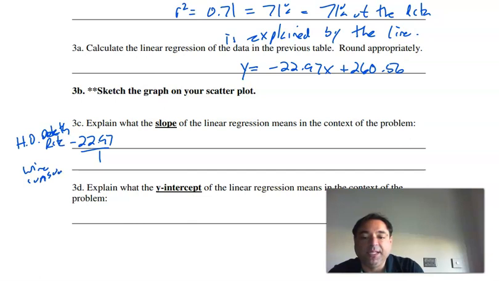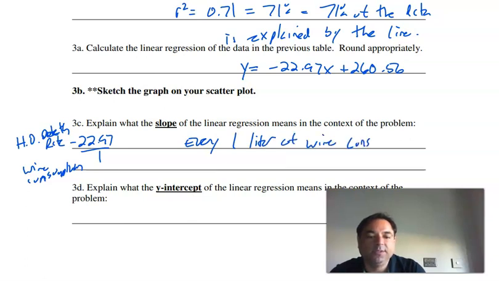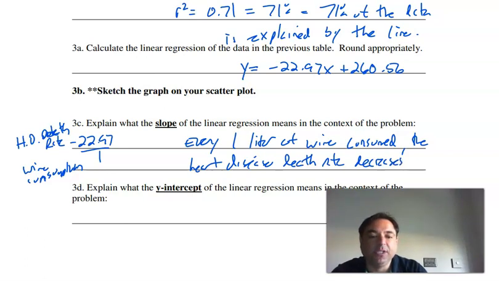So in a sentence: every 1 liter of wine consumed, the heart disease death rate decreases, because it's negative, and I'm not putting decreases negative, by 22.97. That's per 100,000. Okay?